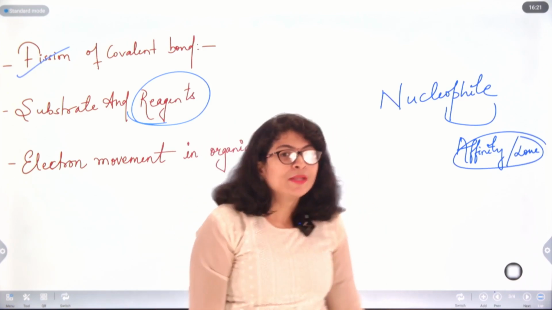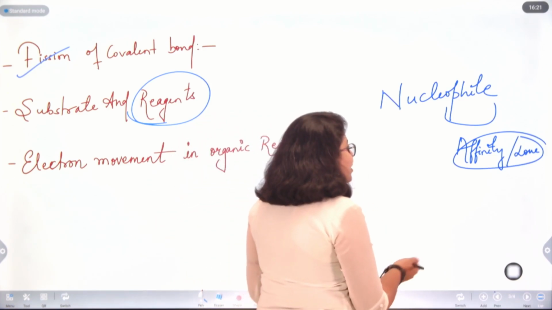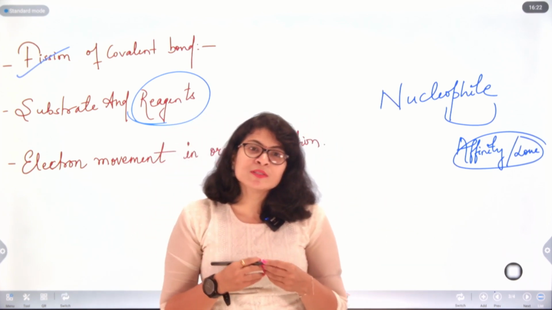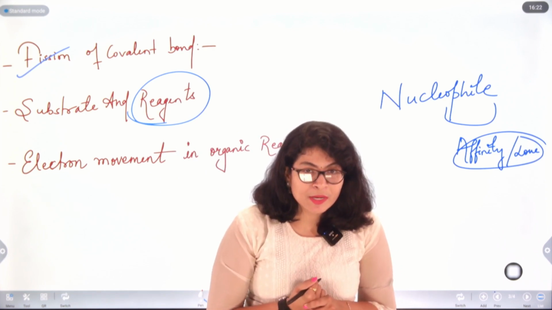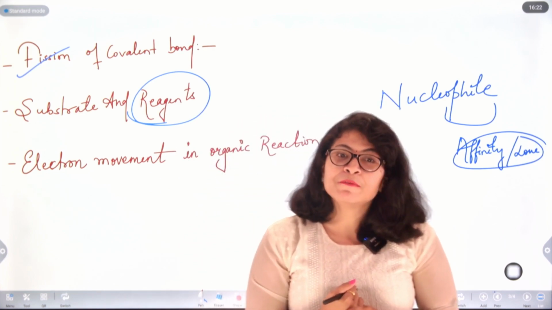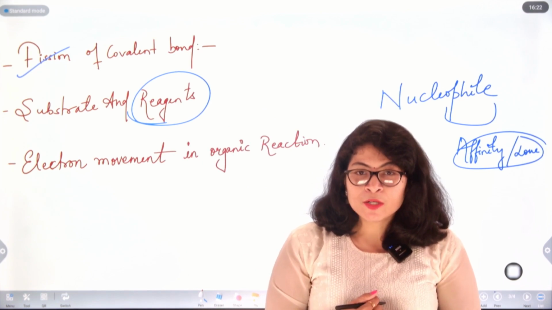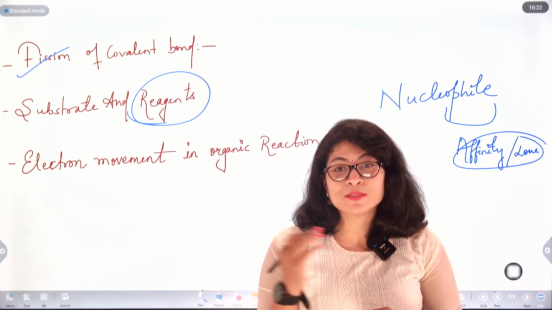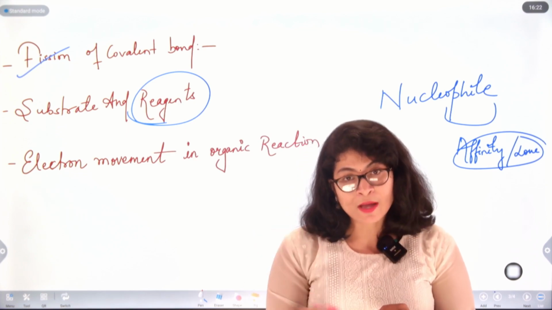Next, if the atom is positive in itself, it is having deficiency. So it will hunt for a site which can make up for its loss, which can make up for its deficiency. If it is having a lack of electrons, then it will obviously go on hunting for a site where it can get some electron density, a negative ion source.